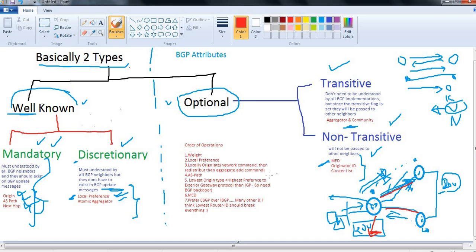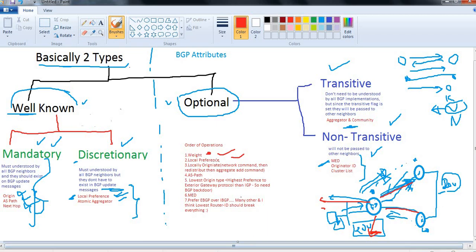To get the preference, we need to configure these attributes. So let's say I have configured the weight attribute as well as the local preference attribute. Which one would be preferred? It will always prefer the weight attribute because weight is at the top level.